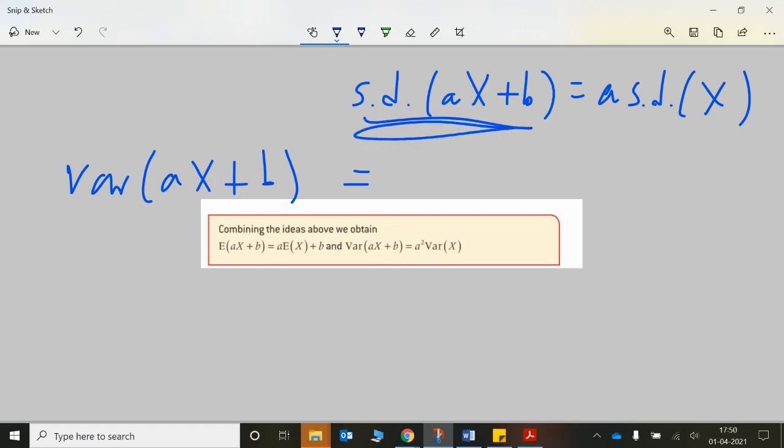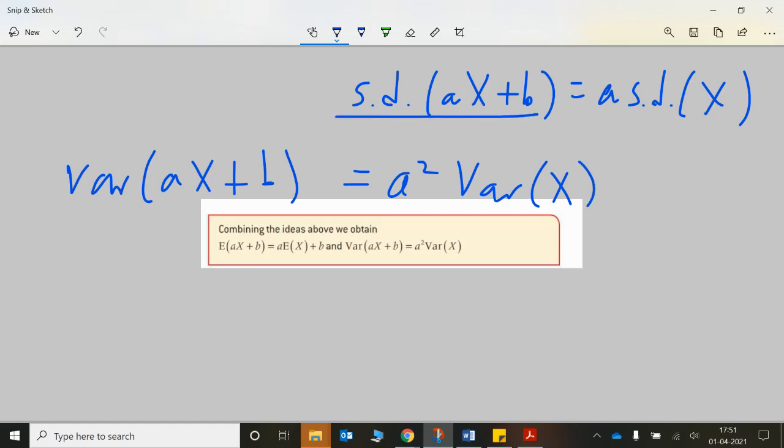Squaring this, because the variance is the square of the standard deviation, gives us a squared, and then squaring the standard deviation of x brings us back to the variance of x. So essentially, I've squared both sides: I've squared this to get this, and I've squared this side to get the variance of x.